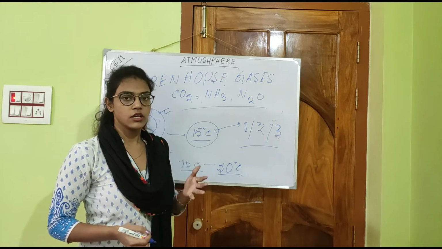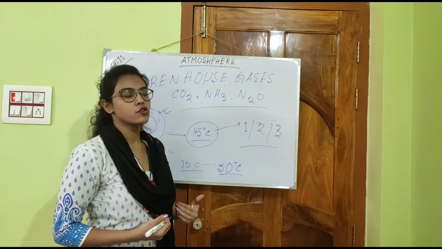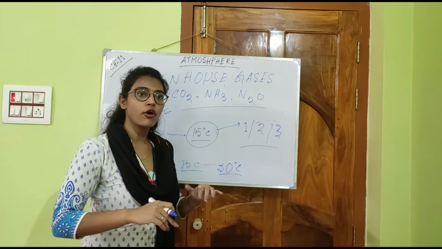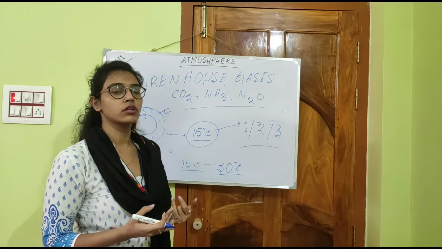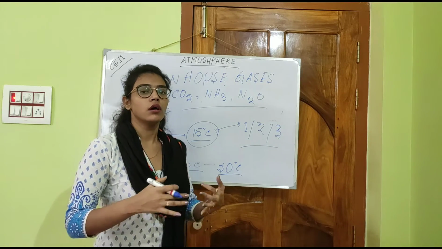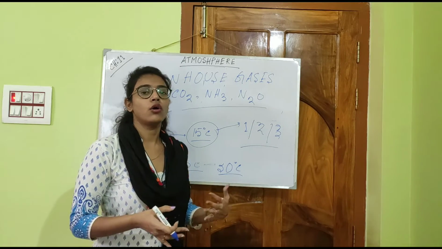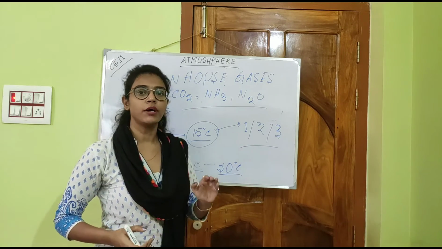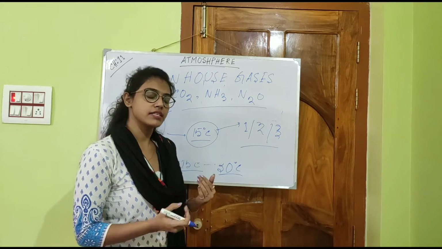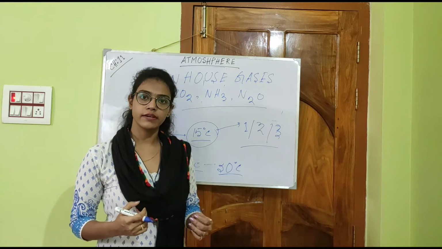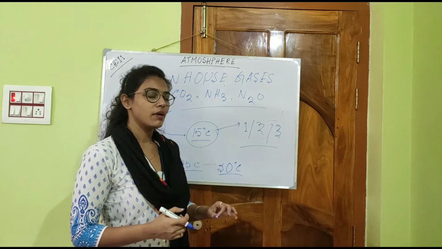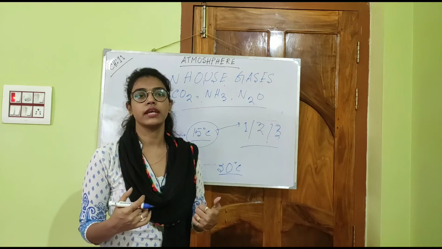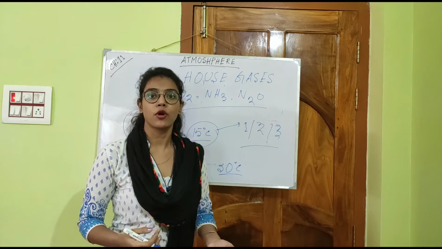It is not easy to be here on the earth. So 15 degrees is for all over the world, for all species, for all human beings, all animals, all plants. For them, 15 degrees is perfect. So if it increases, and yes, nowadays it is increasing a little bit, for that reason we are facing some problems.